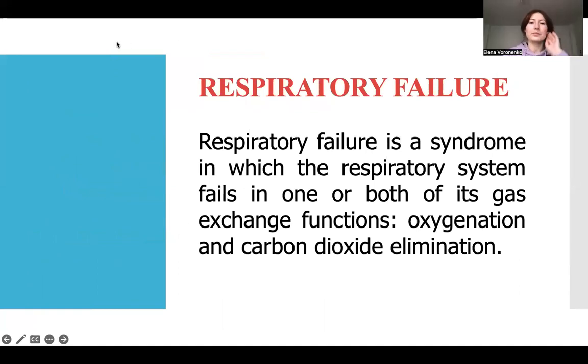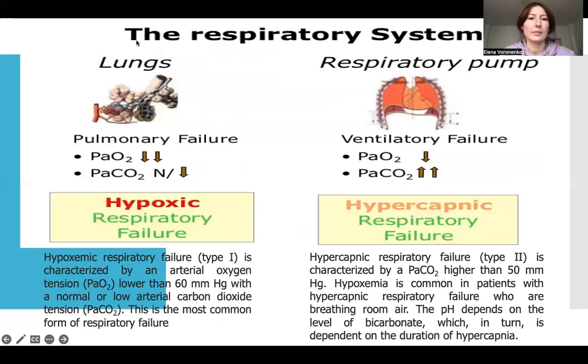Respiratory failure. It's a syndrome in which the respiratory system fails in one or both of its gas exchange functions, oxygenation and carbon dioxide elimination. Hypoxemic respiratory failure is characterized by an arterial oxygen tension lower than 60 millimeters Hg with a normal or low arterial carbon dioxide tension.